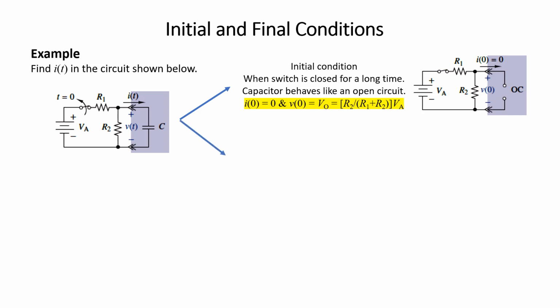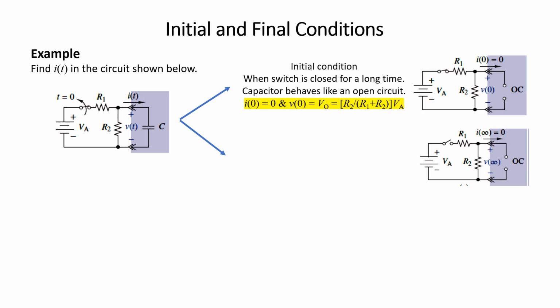Next, when the switch is opened, note that some voltage has been initially stored over here. Due to stored energy, there is some capacitor voltage when we open the switch. Due to the voltage across the capacitor, current will be flowing in this direction, and the capacitor will be discharging.